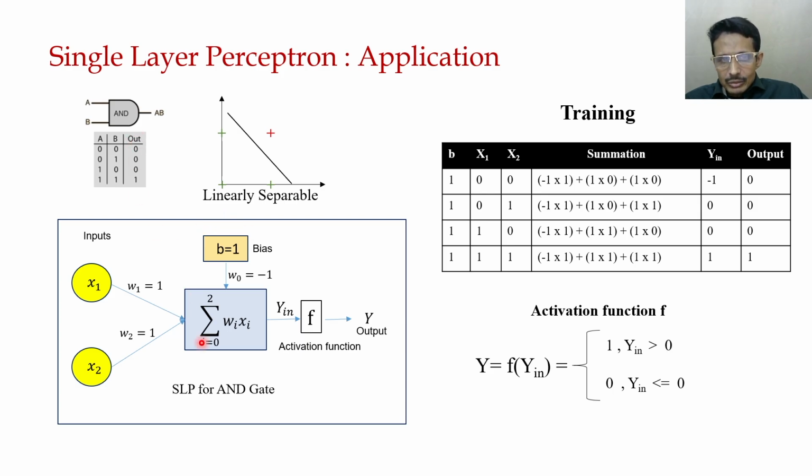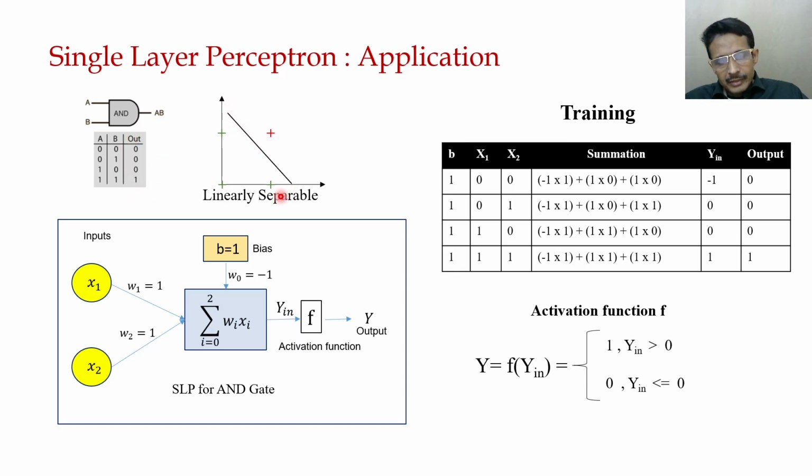So by inspection we can put W1, W2 and W0 such that this AND logic can be implemented by means of this single layer perceptron, and it can be done only because this data distribution is linearly separable.